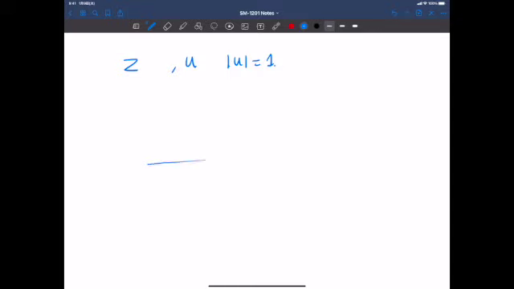On the complex plane, if we have this z here and this u here, this length is 1 and the argument is theta. If we multiply z by u, then this multiplication represents a rotation of this z by theta.